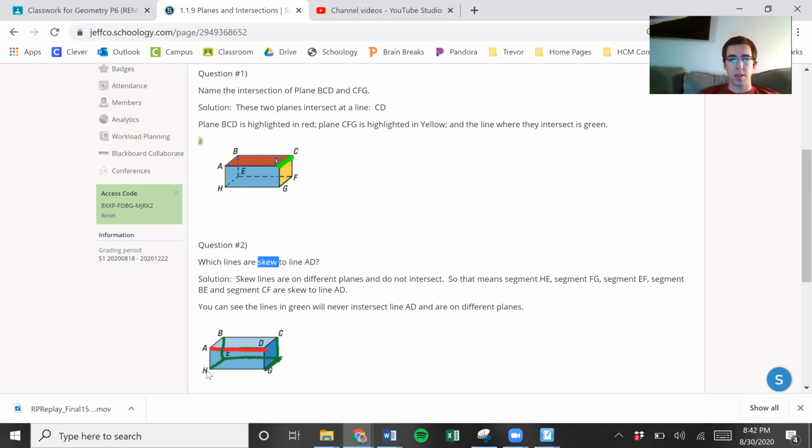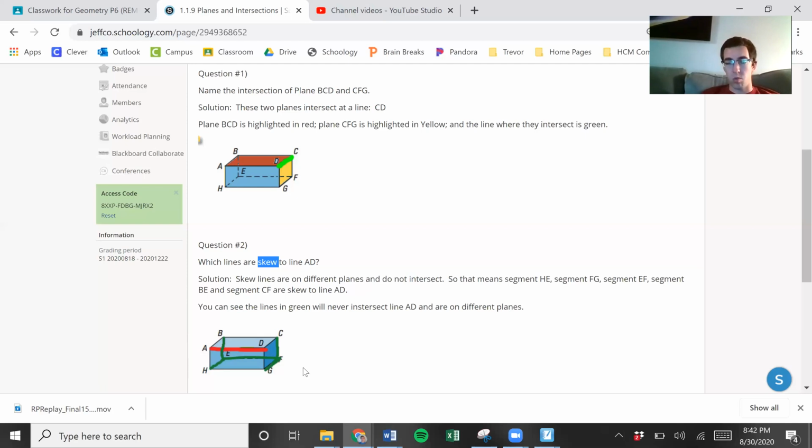You've got HE, that will never intersect, so that's a skew line to AD. Got this one on the back side there, this one here, this one here, this one here. If you really want a challenge, there are actually more lines than are listed here. Just like we talked about before, there are times when it won't be listed and yet it still exists.